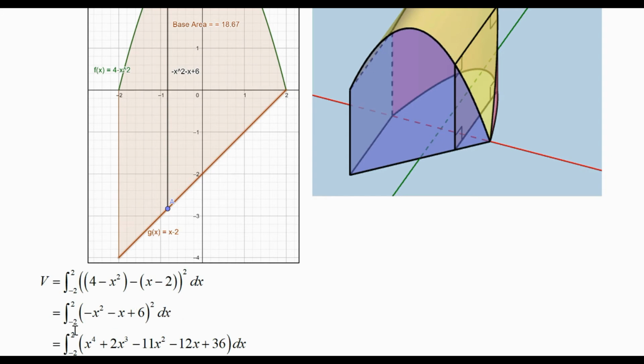That's a volume. We take the limit as delta x goes to 0 and the number of little slices goes to infinity, and we get an integral with x running from -2 to 2.